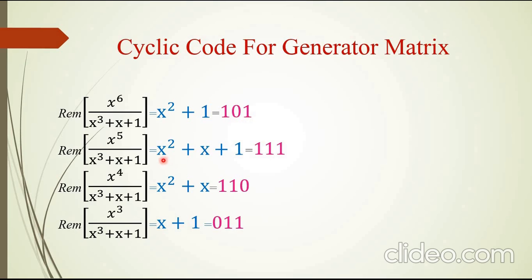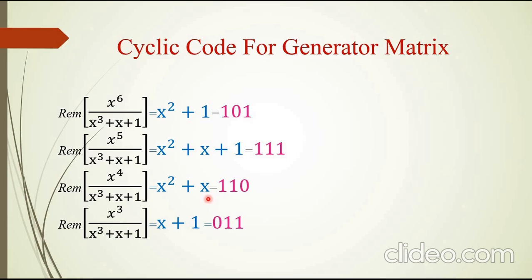And for second case, the remainder is x square plus x plus 1. So here all terms are present, x square, x and 1. So it will be 1, 1, 1. And for third case, remainder is x squared plus x. So here x square is present, so its coefficient is 1.